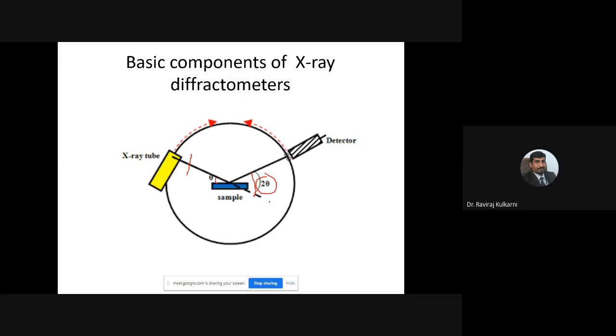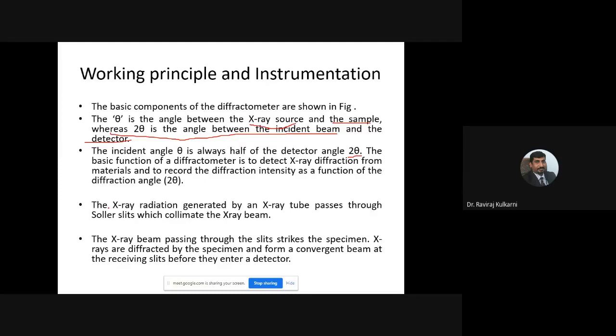This would have gone like this, but it is reflected this way. So this is theta, another theta, making 2 theta. So the detector angle is 2 theta with respect to the incident beam of X-rays.